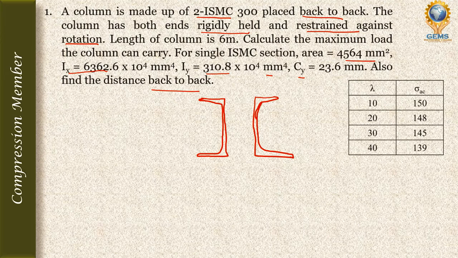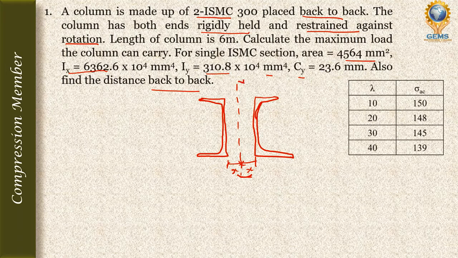So we have to find the maximum load the column can carry, and also we have to find this distance, the back to back distance. This is 1x, this distance we have to find.